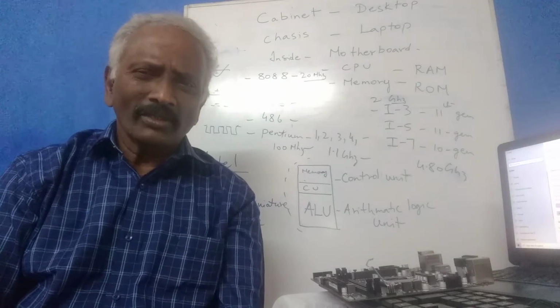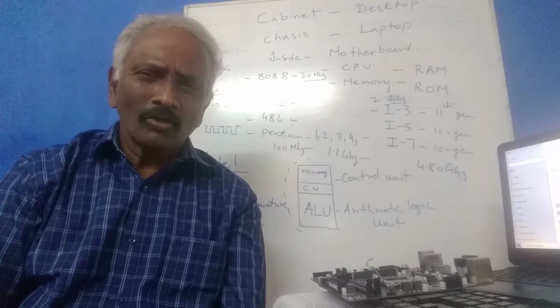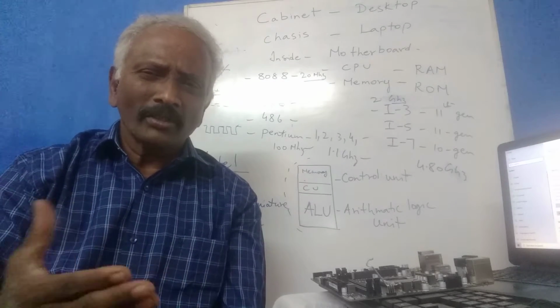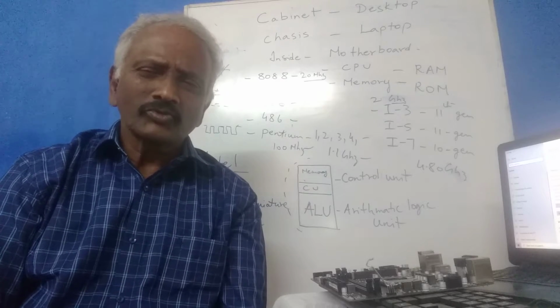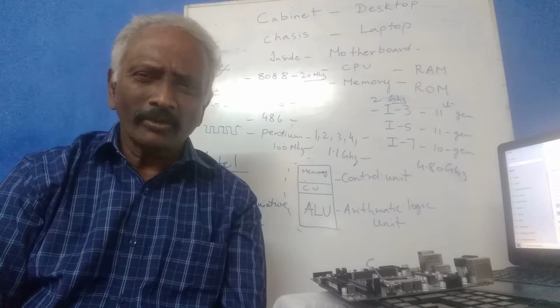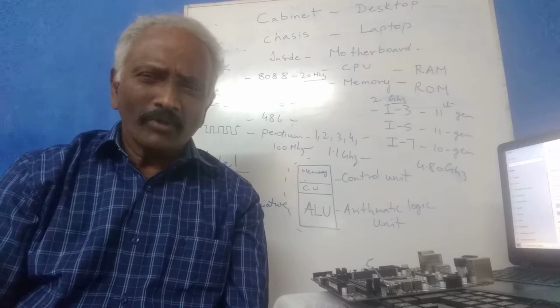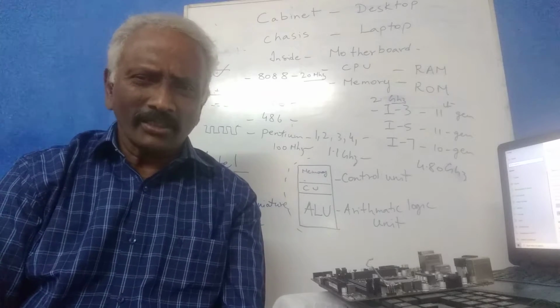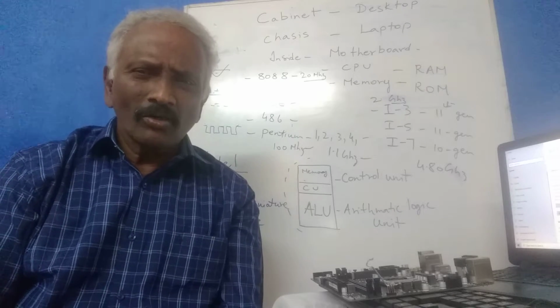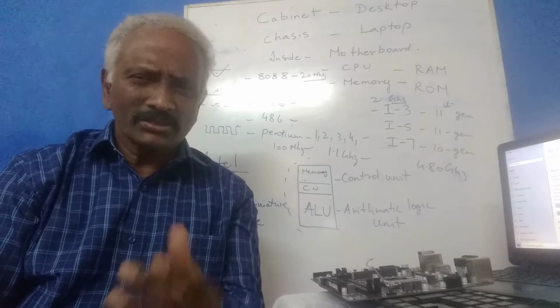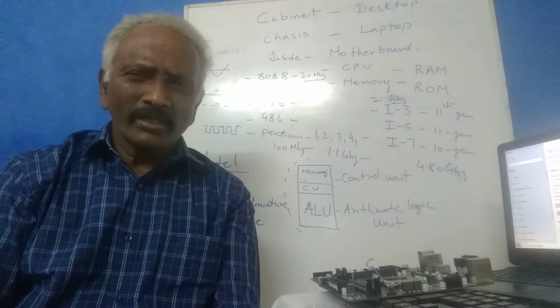In the same way, when the number of applications you have to open in different windows increases, the CPU should have the ability to process all the applications at a time. And due to this, there was an improvement in technology.